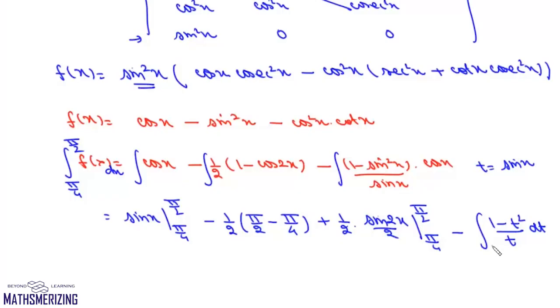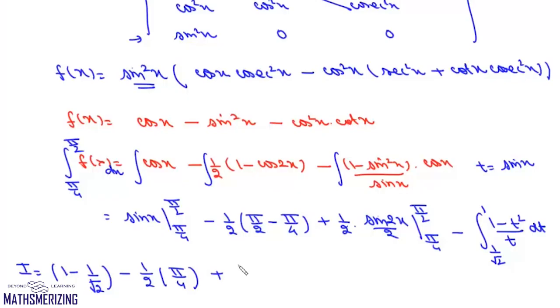When x is pi by 4, the value of t is 1 by root 2, and when x is pi by 2, the value of t is 1. So we'll get this integral as, now this is sin pi by 2, which is 1, and 1 minus 1 by root 2 minus 1 by 2. Pi by 2 minus pi by 4 will be simply pi by 4.